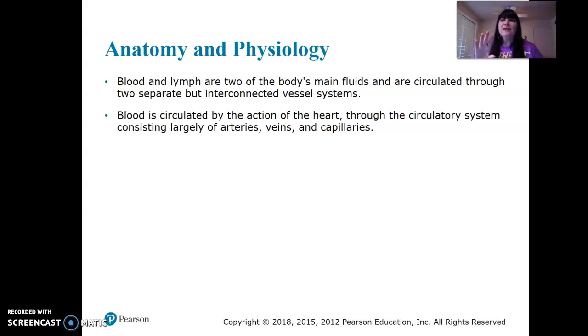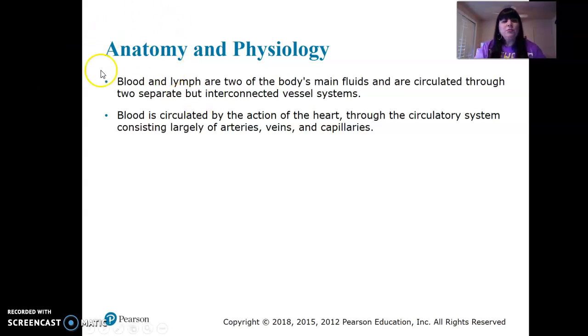Lymphatic has to do with 3 things really: getting that fluid back, absorbing fat from the digestive tract, and of course, the immune system and immunity, your body's way of fighting against foreign invaders.